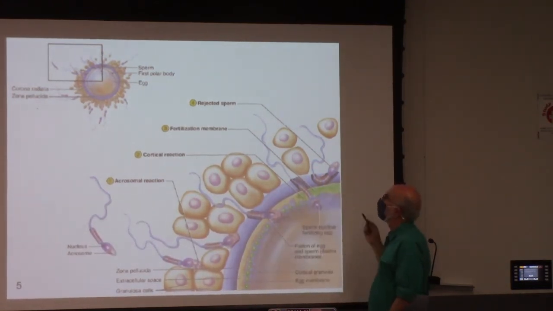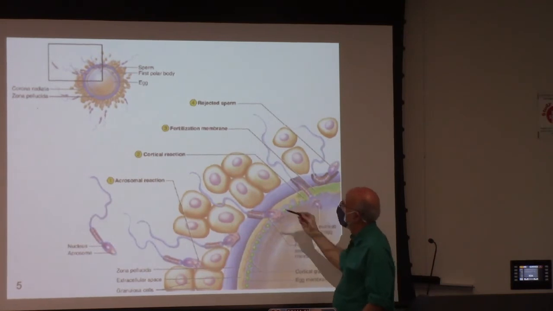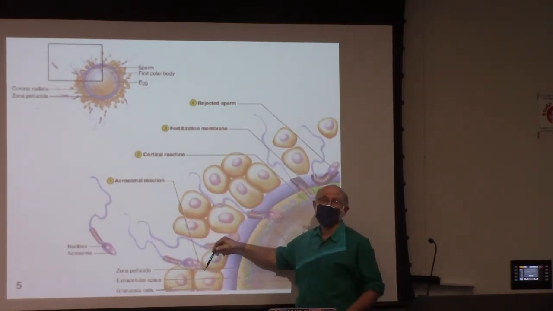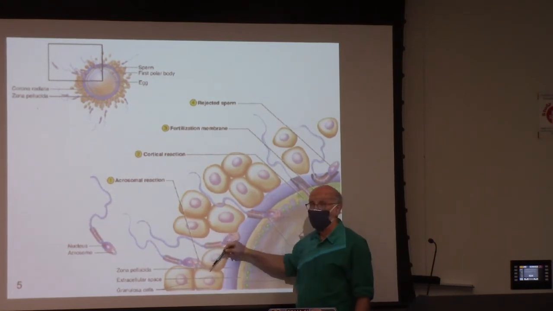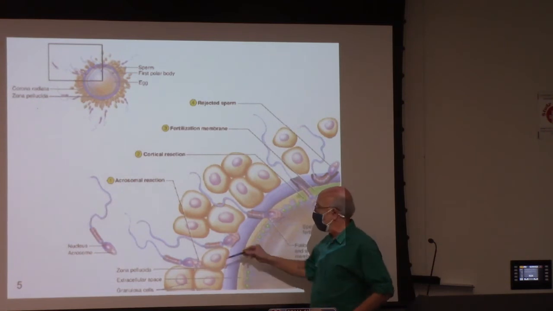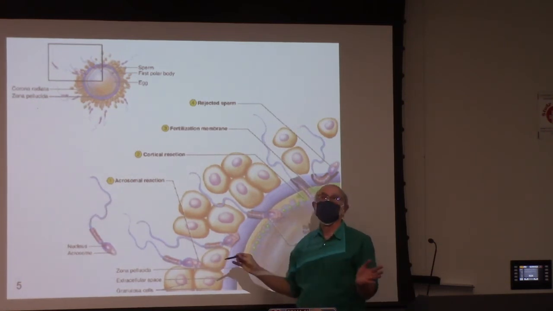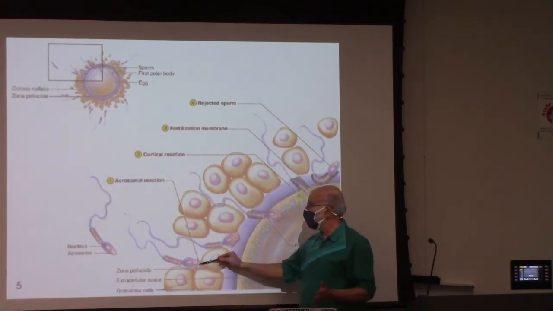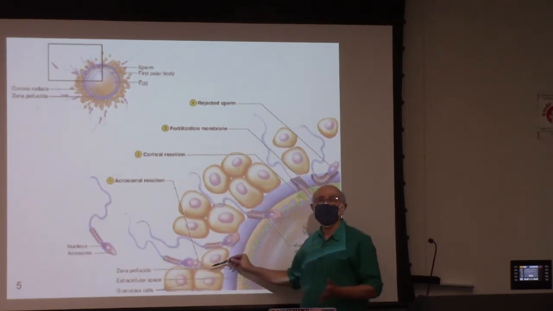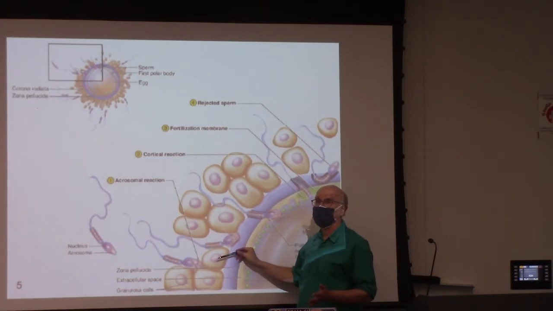So, what do we see here? When a sperm makes contact with the granulosa cells, it triggers the acrosomal reaction, and the acrosome basically dumps its contents, which contain enzymes that help break down the corona radiata.